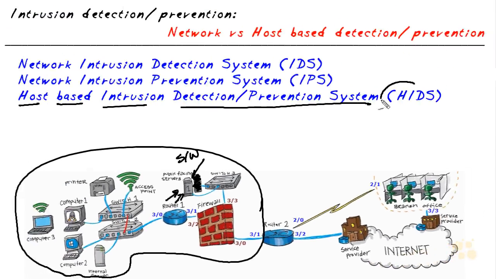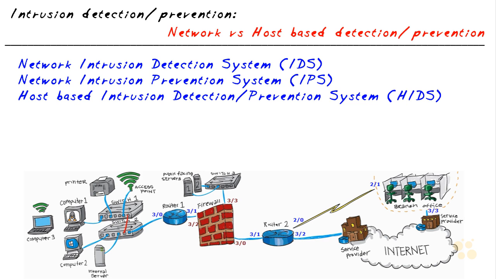And the acronym is HIDS. So it really should be HIPS, but how the heck are you going to pronounce that? So an intrusion detection / prevention system that runs as software on a critical resource like a server is referred to as HIDS, host-based intrusion detection system.